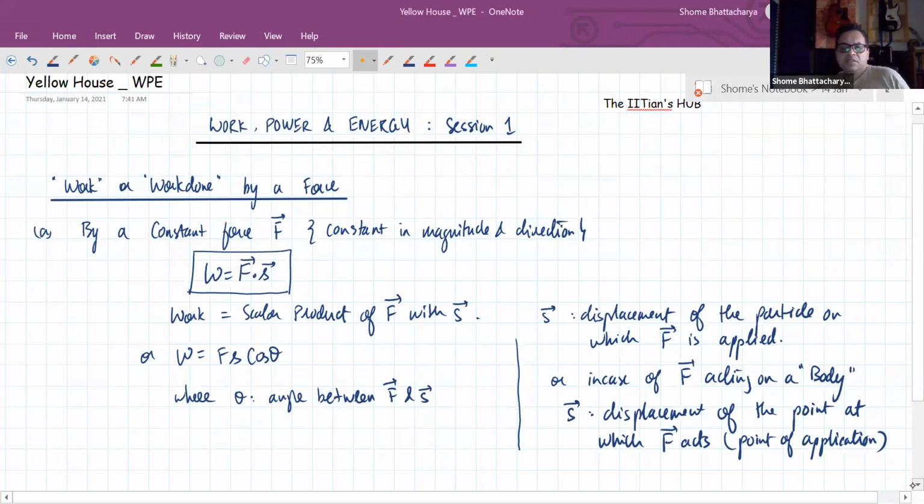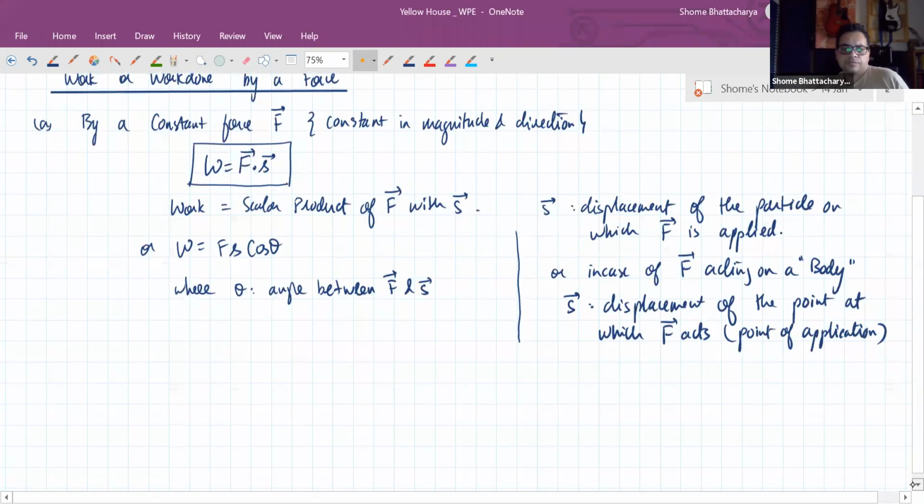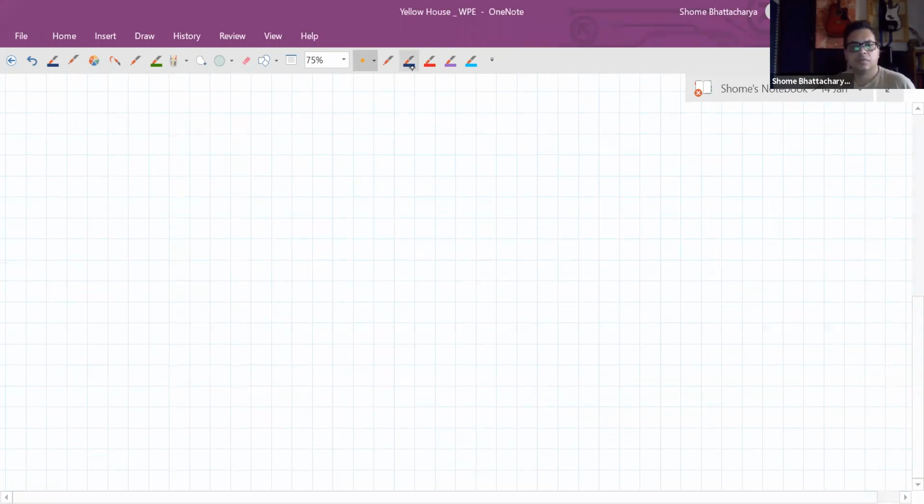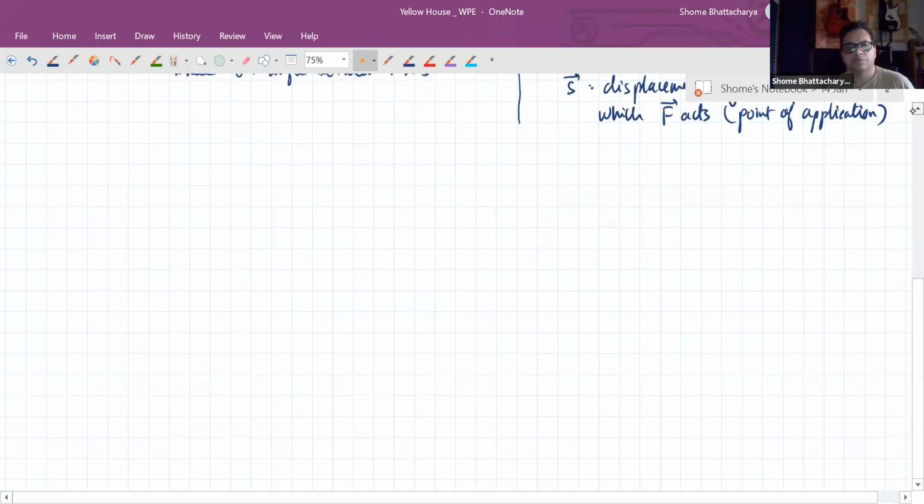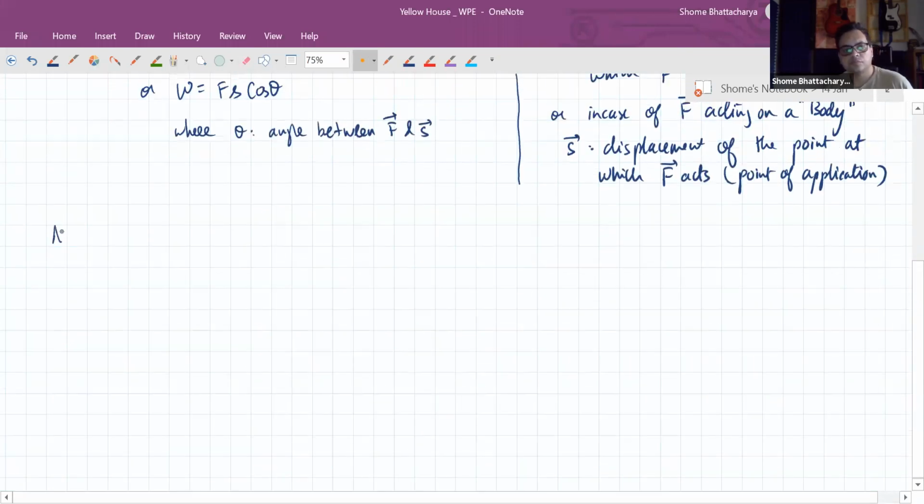Okay, so let us understand a couple of aspects about work done. As you can see, W, or the work done, is a scalar quantity.